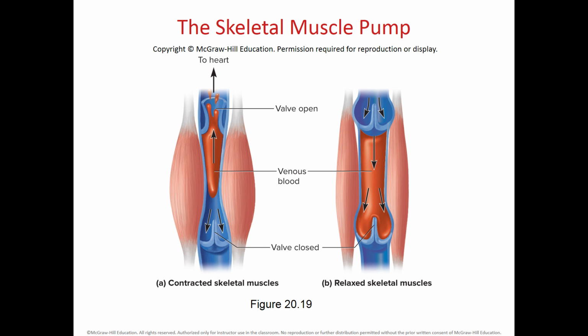Along with the thoracic pump, you have the skeletal muscle pump that helps to bring the blood toward the heart. So when you have contraction of your calf muscles, in this case, you will squeeze the blood that was previously found in this vein, and the blood, which by gravity tends to go down, will go up because you contract your muscles.